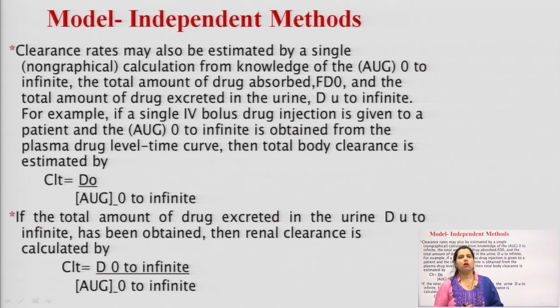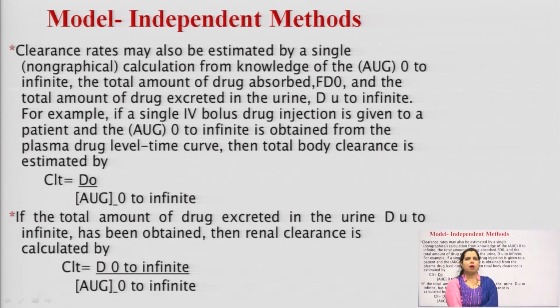Clearance rates may also be estimated by a single non-graphical calculation from knowledge of AUC 0 to infinite, the total amount of drug absorbed FD0, basically at time 0, and the total amount of drug excreted in urine DU to infinite, right.